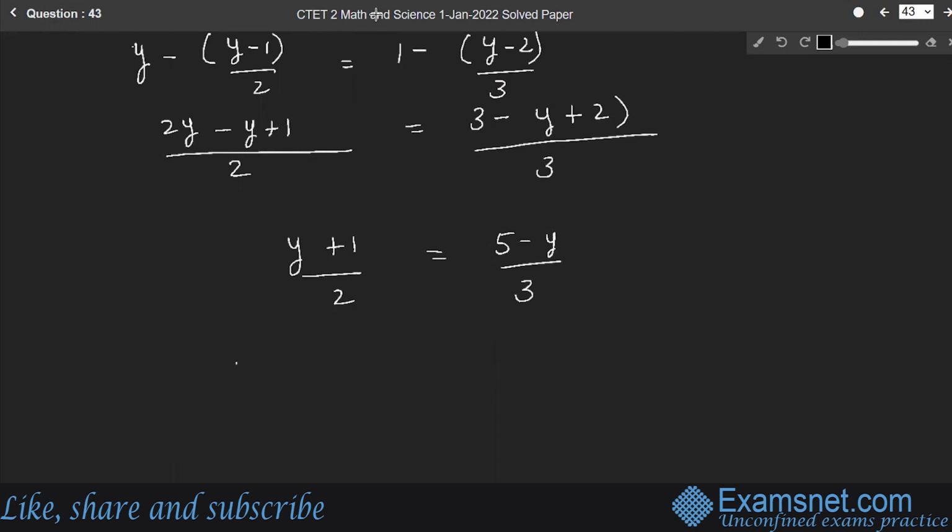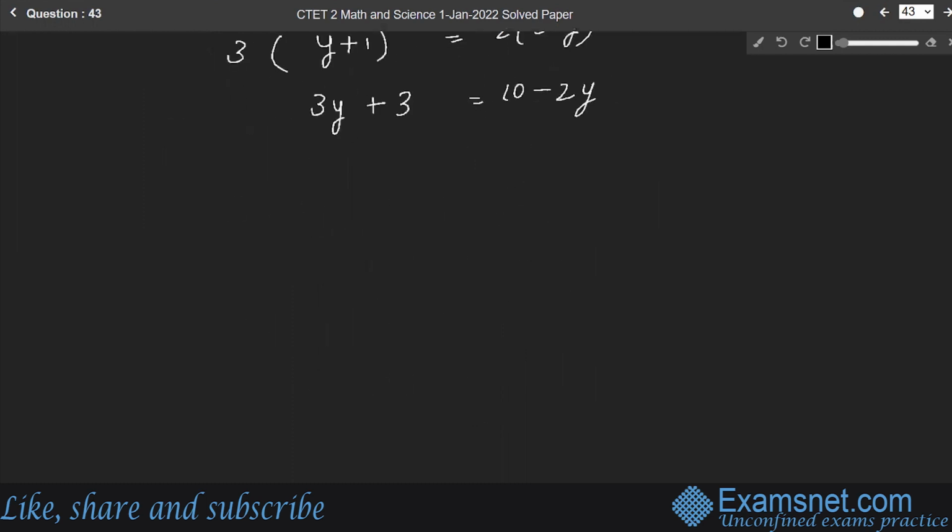By cross multiplication, we get 3 into (y plus 1) is equal to 2 into (5 minus y), which is 3y plus 3 is equal to 10 minus 2y. So 3y plus 2y is 5y, is equal to 10 minus 3, which is 7.